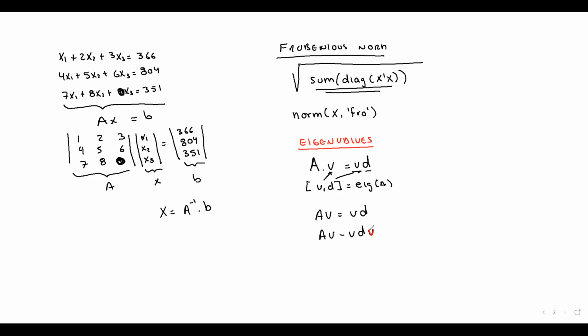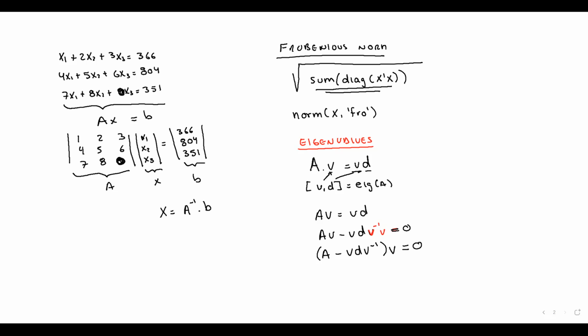So I will multiply this times B, B minus 1 times B. Remember that any matrix to the minus 1 times the matrix is equal to I, so I'm not changing anything. And this equals 0, correct? Because I'm moving this to the left. And then here, guys, A minus B, D, B minus 1, that multiplied by B, is going to be equal to 0. Okay? So let's take a look at that.